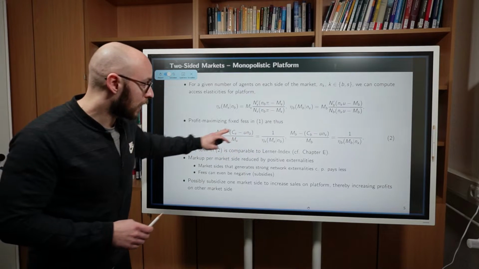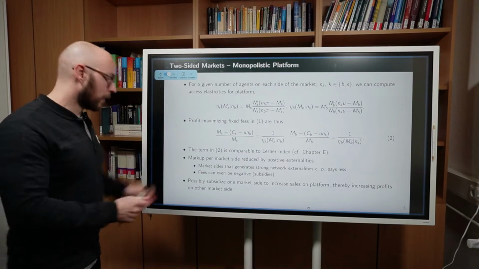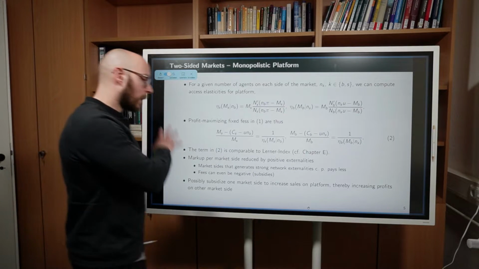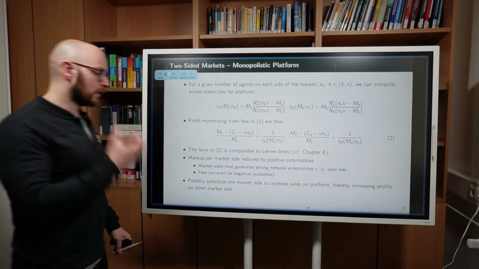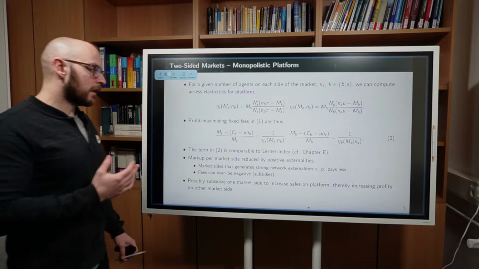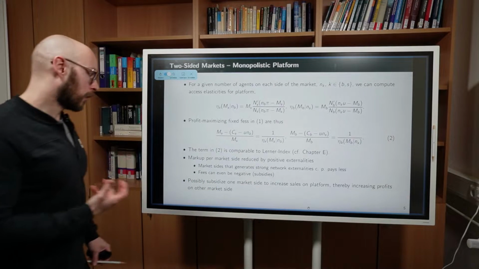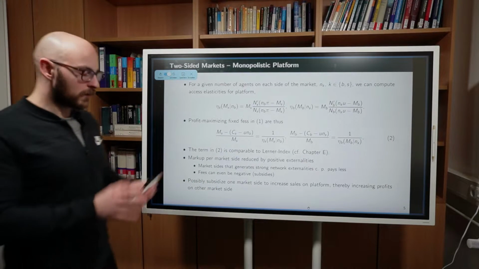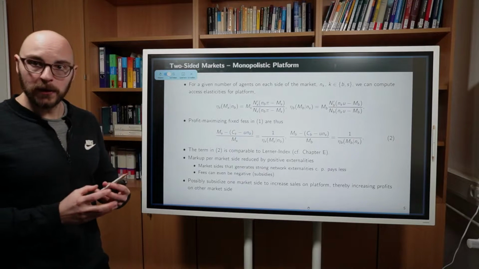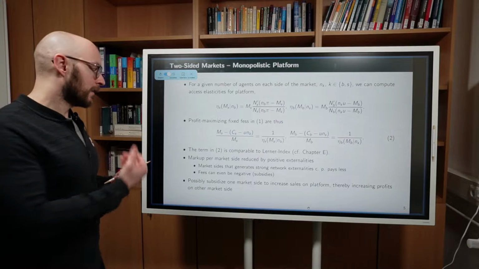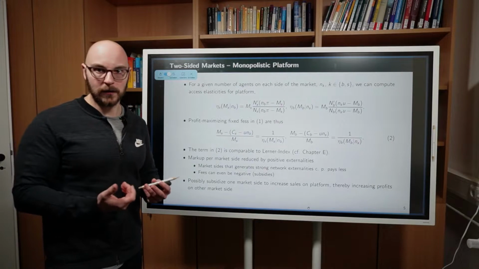And that's something that we have here as well, or something similar, right? And it's important to note that the markup that each market side can generate is decreased by positive externalities, right? Because you want to keep the market side on your platform that generates strong network externalities, right?